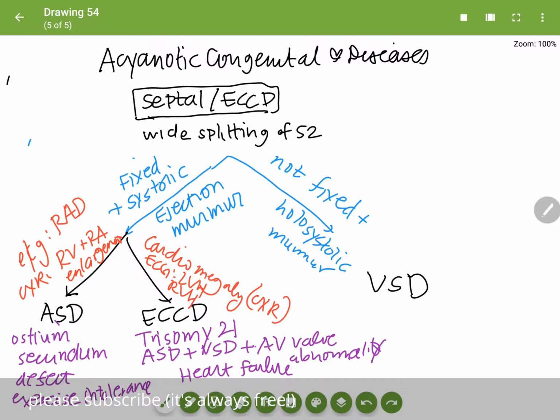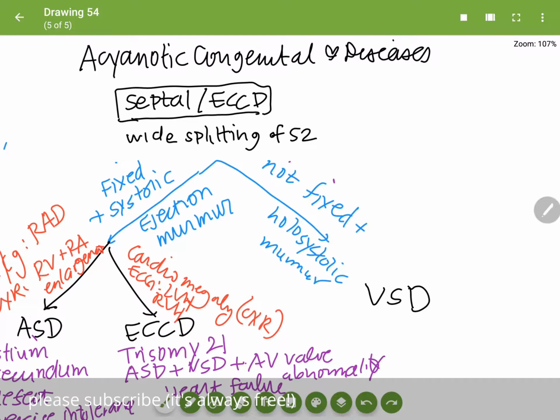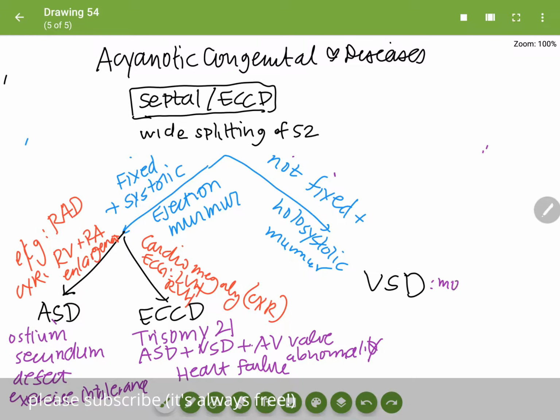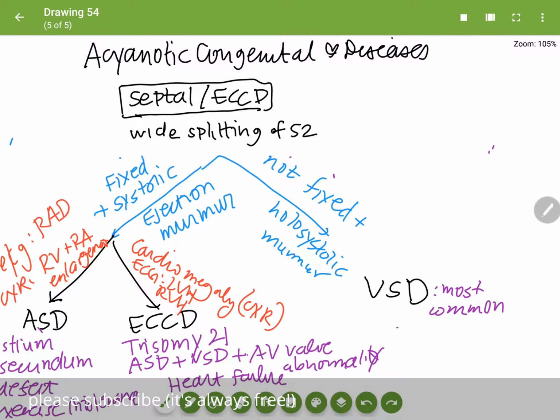Now on to VSD. So this is the most common congenital heart lesion. It can be membranous or muscular, but most are membranous.